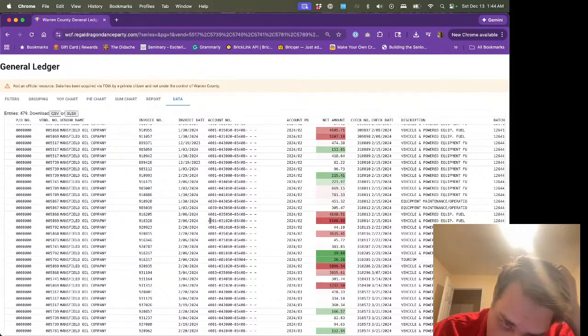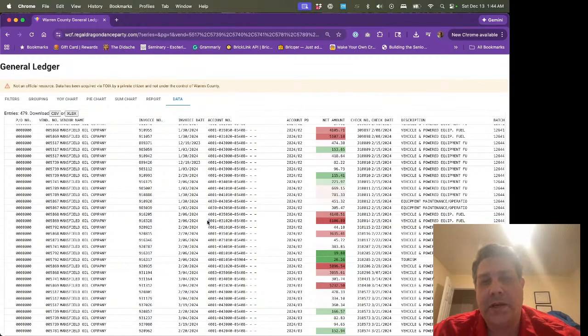And the 4, that means it's revenue. No, it's an expenditure. If it was 3, I think it would be revenue, or is it 1? And then the rest of the numbers here mean other things, such as the type of funding or the function.